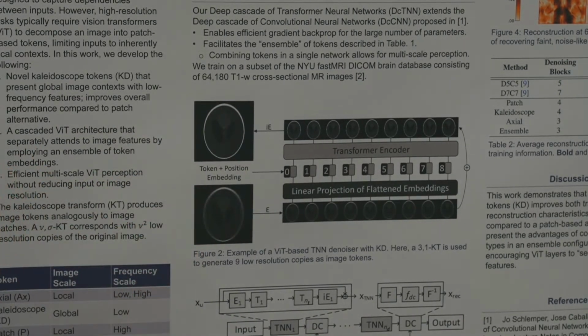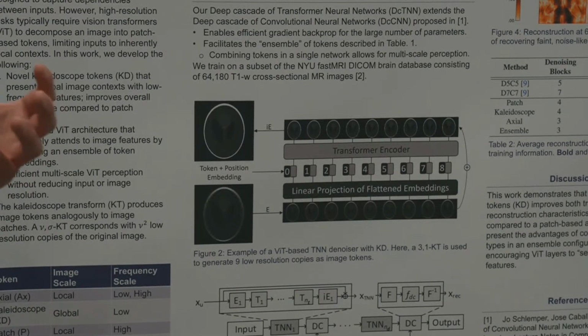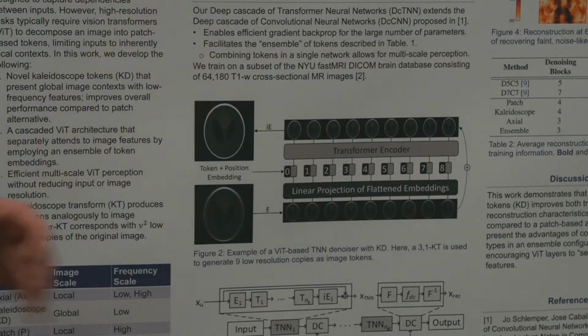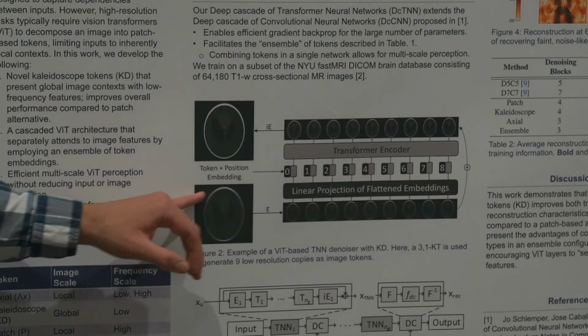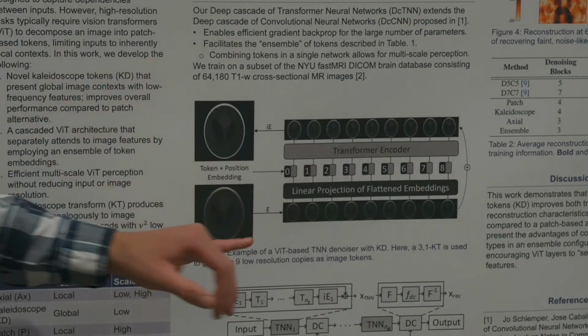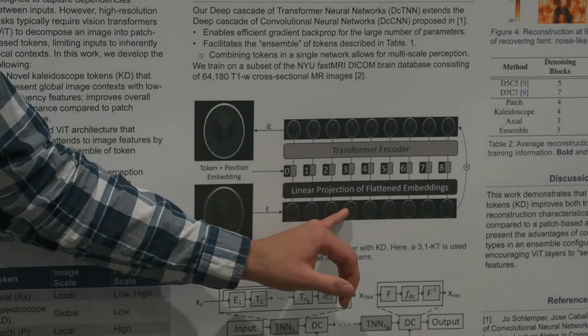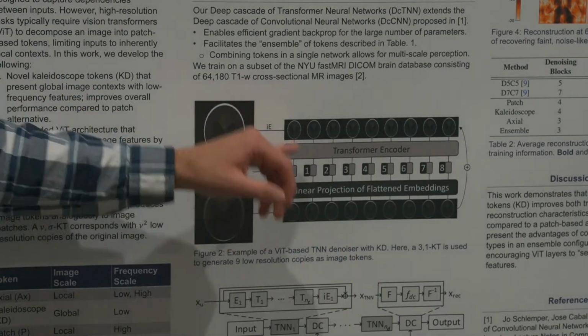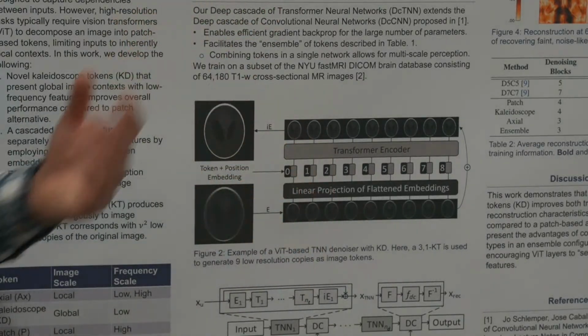So you can imagine then, just using image patches, it can be very, very difficult to get rid of structured noise if it extends past the patch that you're trying to get rid of the noise on. So with these kaleidoscope tokens, you embed all of that noise into each one of the tokens, and your transformer can then get rid of the noise one low resolution image at a time, I guess.